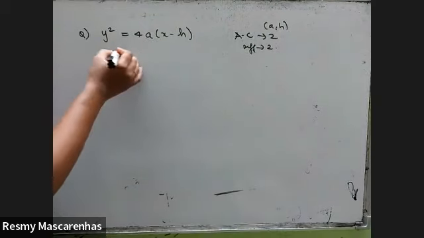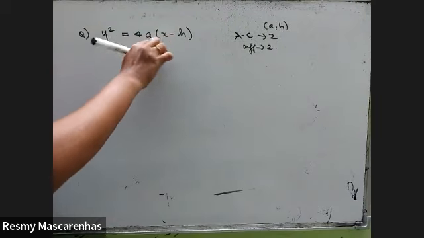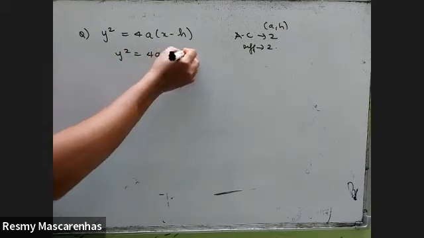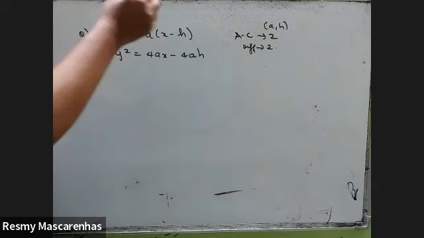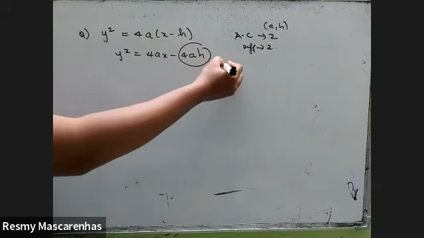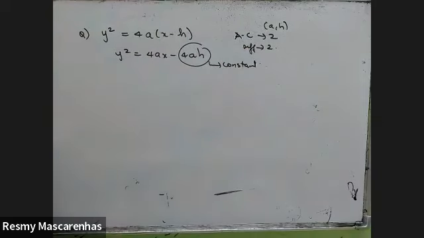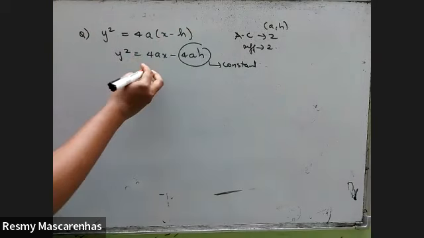So before differentiating, I just open up the bracket just to avoid u into v. If you see, this whole thing is a constant because a is also constant, h is also constant, and 4 is also constant. So the whole thing is a constant.